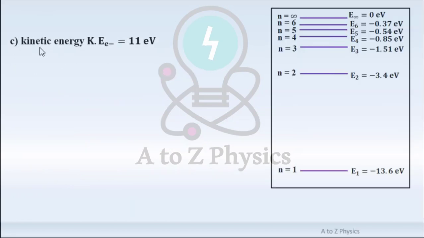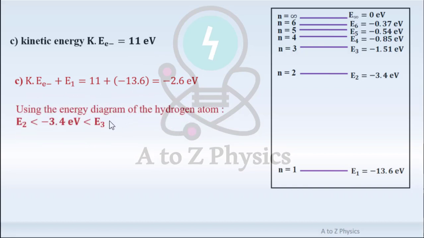Part C, if the kinetic energy of the electron is 11 electron volt, kinetic energy plus E1 is equal to minus 2.6 electron volt, and also using the energy diagram of the hydrogen atom, minus 2.6 electron volt is between E2 and E3.